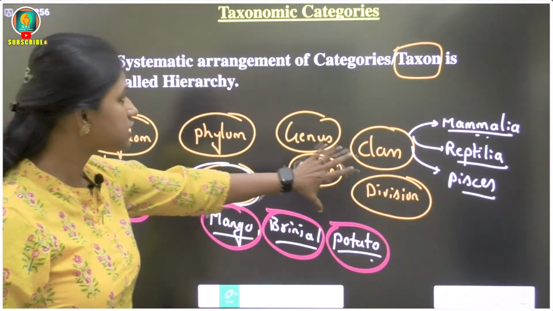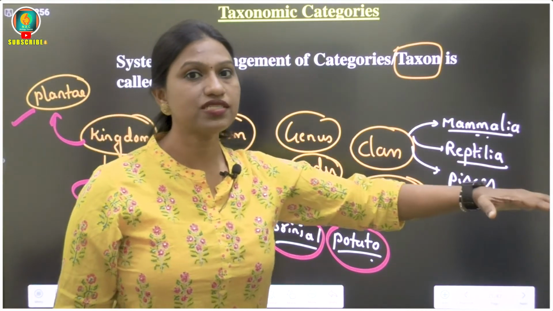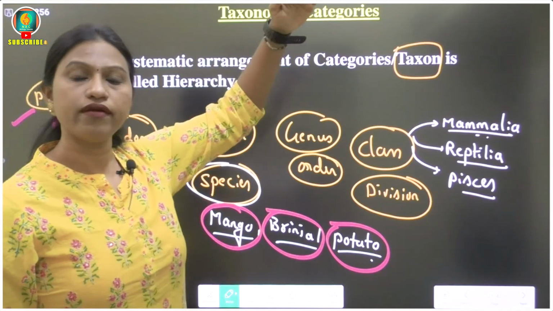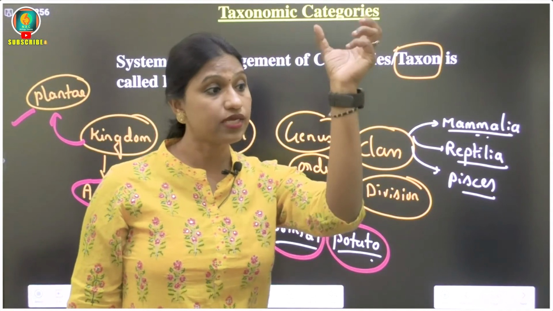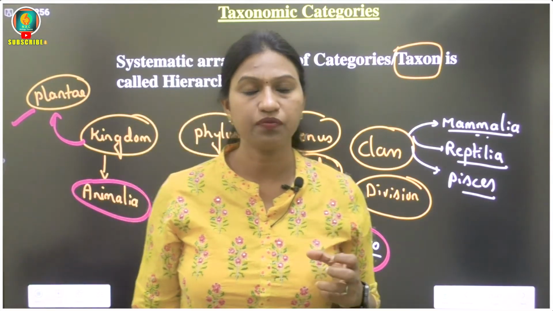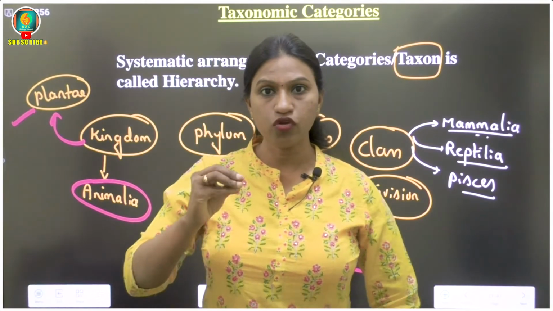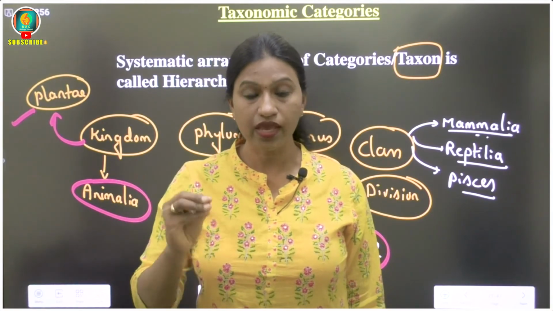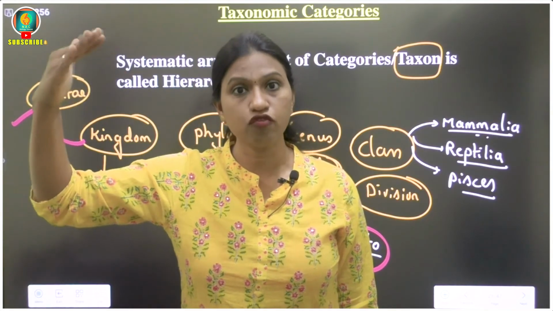Now, these different taxon, if they are arranged in order, either in an ascending order or in a descending order, that order-wise arrangement, we call it a hierarchy. In very simple words, when you entered into a school, first you are going to do your first standard. After that, you will step on to second standard, third standard, fourth standard.